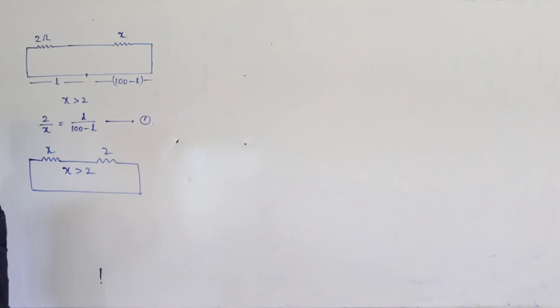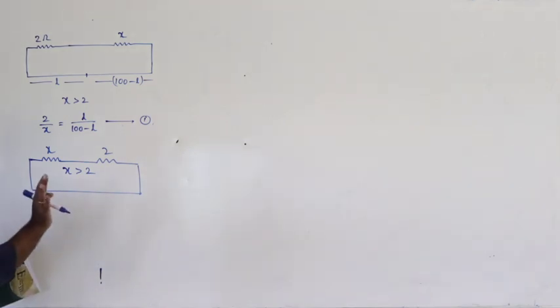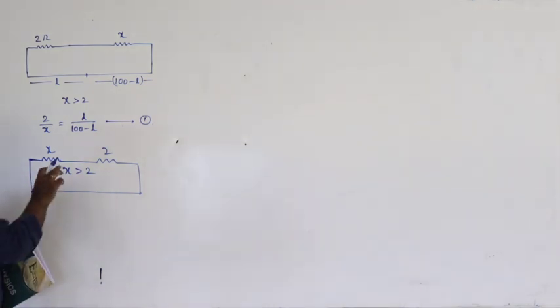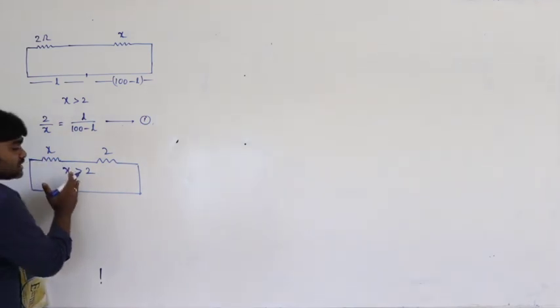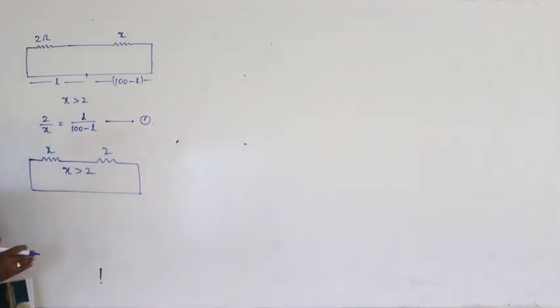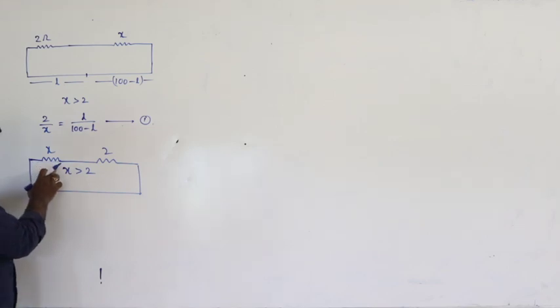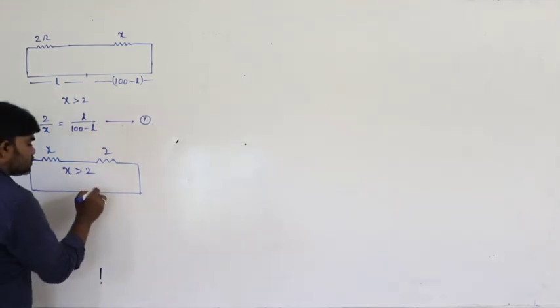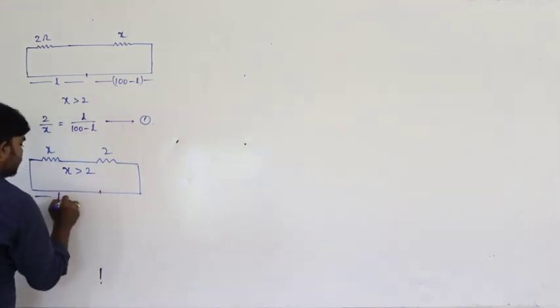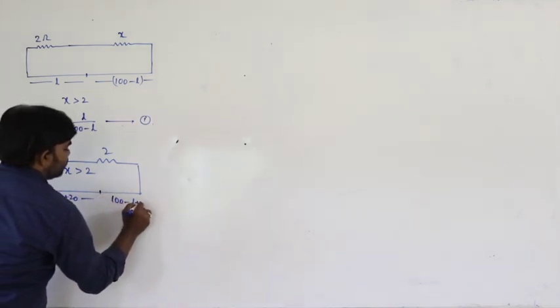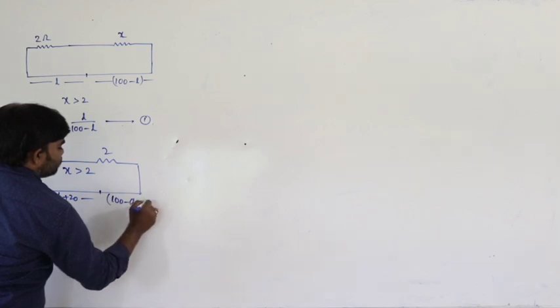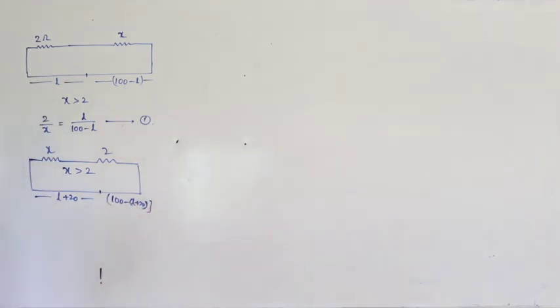In what direction does the balancing length shift? Just now we discussed, if the resistance in the left gap increases, the balancing length shifts towards right, and this becomes L plus 20, remaining is 100 minus L plus 20. Got it?